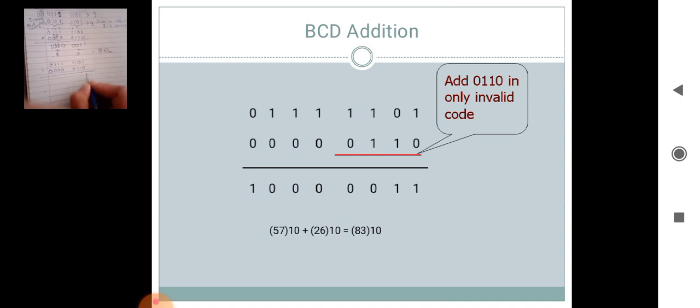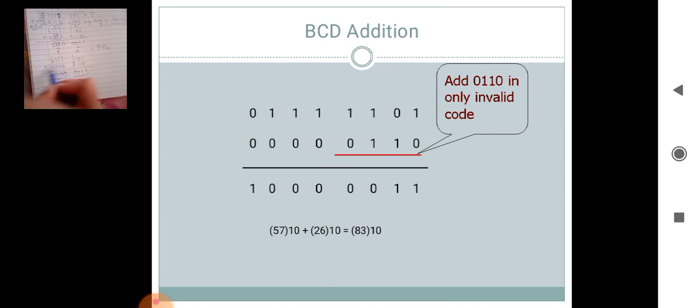So 1 plus 0 is 1, 0 plus 1 is 1, 1 plus 1 is 0 carry 1, 1 plus 1 sum 0 carry 1, here 0 plus 0 is 0, here 1 plus 1 sum 0 carry 1, 1 plus 1 sum 0 carry 1, 1 plus 1 sum 0 carry 1, 1 plus 0 is 1. So this is decimal 8, this is decimal 3.